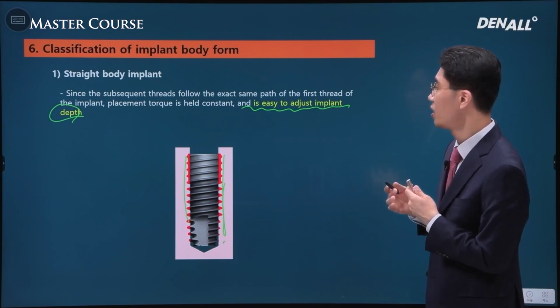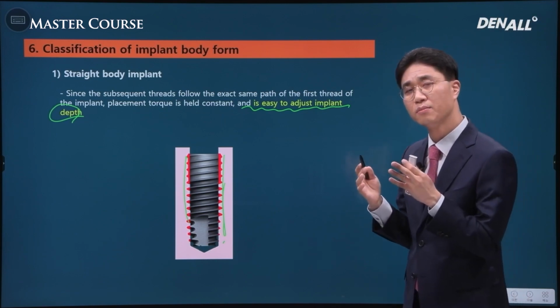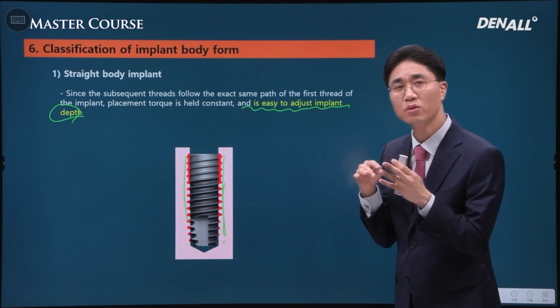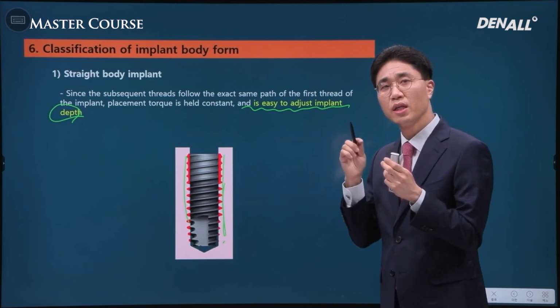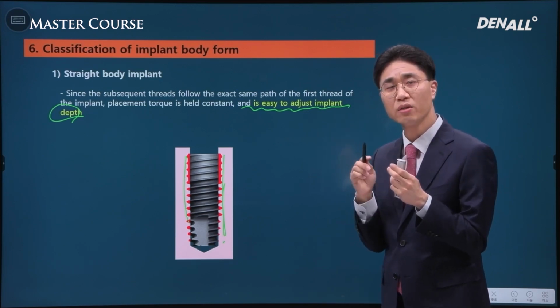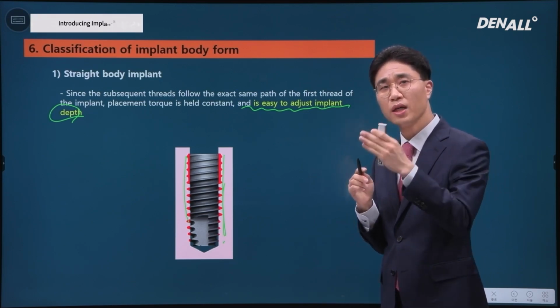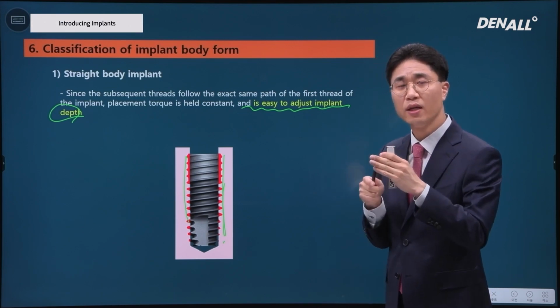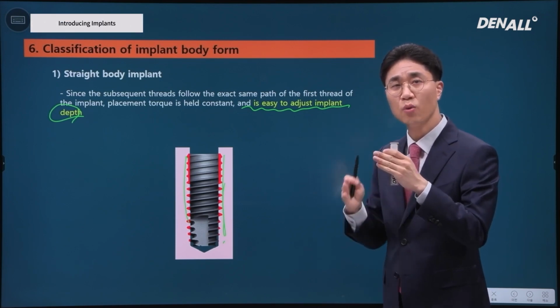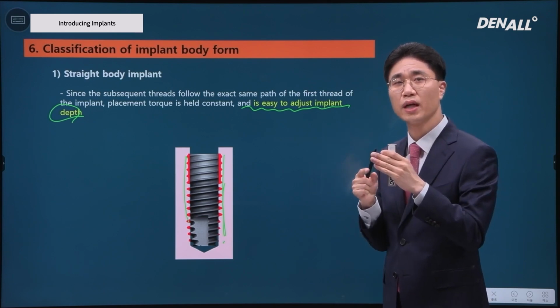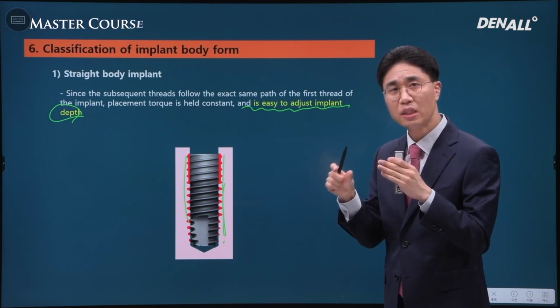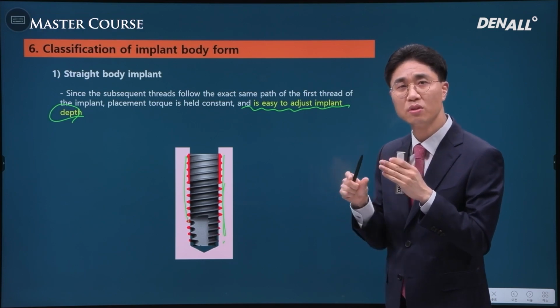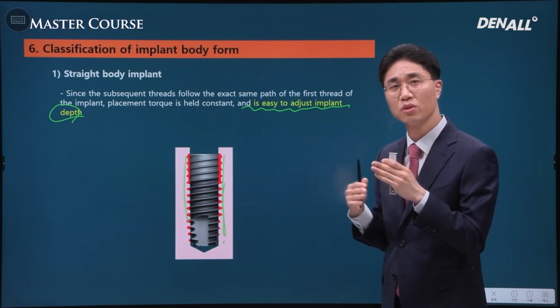In the case of tapered implant, it can dig into the bone very well. If you think of the form of a screw, when you attach a screw on the wall, if the taper is huge and if it has a sharp tip, then it can be fixed easily. But if it has straight form, its ability to get fixated will go down.